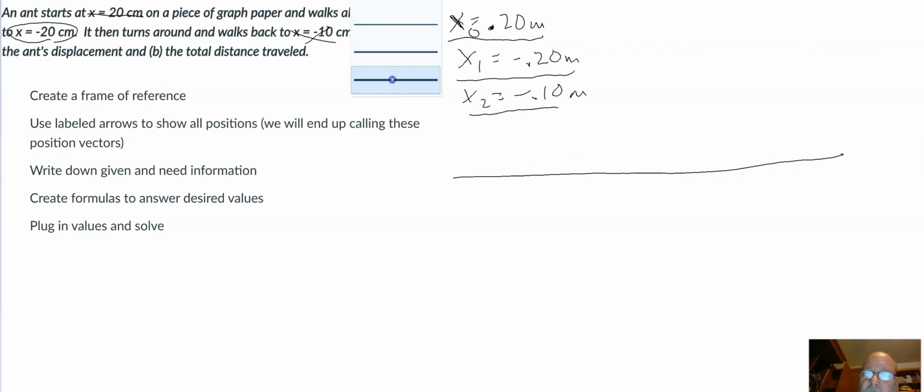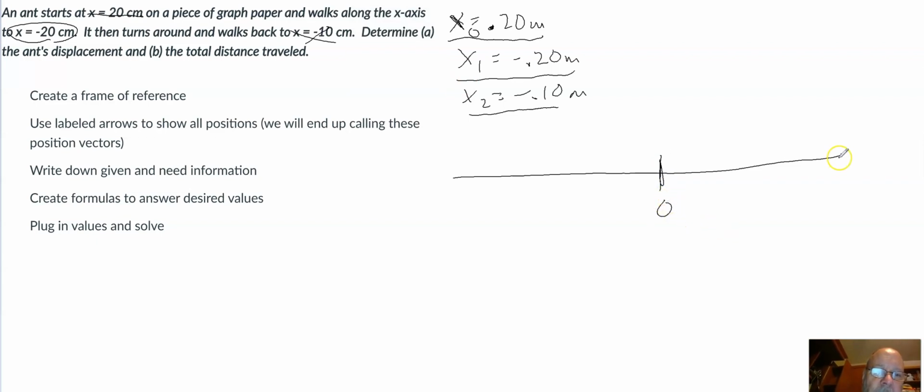I'm going to have my origin here, and I'm going to have my positive x values in that direction. I don't need to put negative x values because if I know what direction positive x is, I know what direction negative x is. So this is my frame of reference. Okay, then we're going to use labeled arrows to show all of our positions.